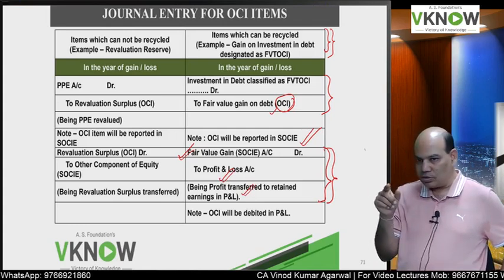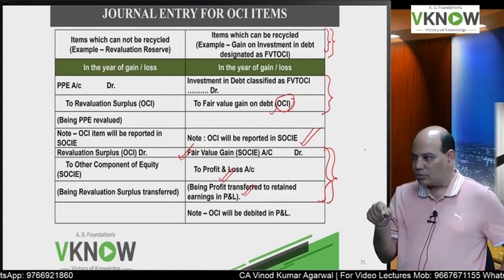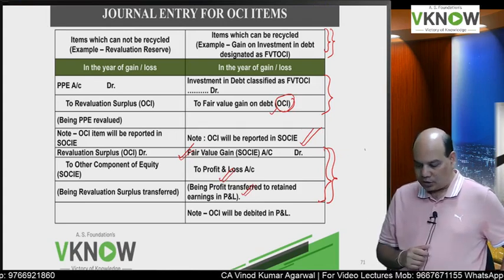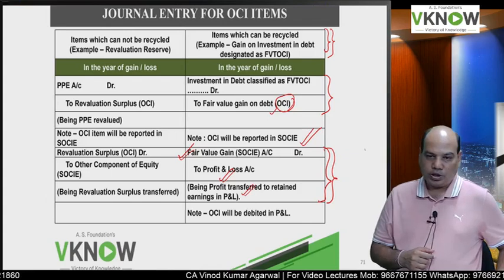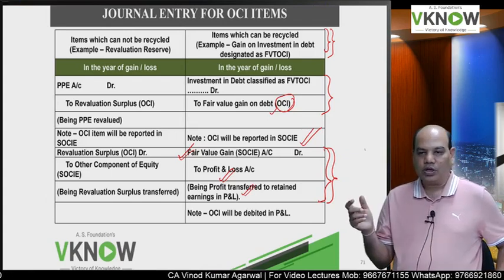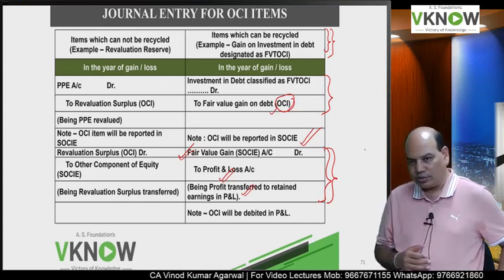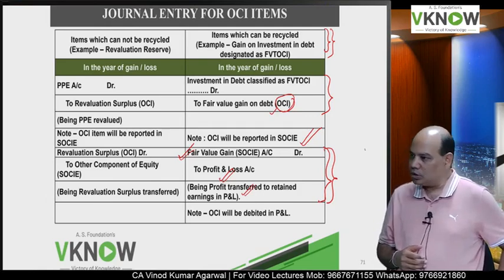In P&L account under other income or below other income you will write reclassification gain, and then OCI will be debited, and in SOCI also you will remove it.